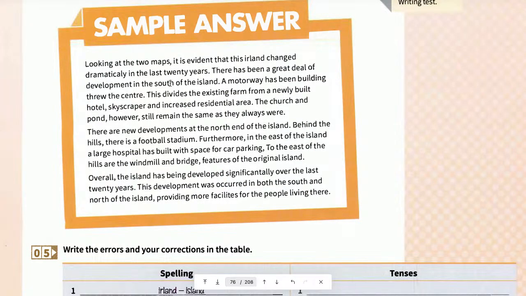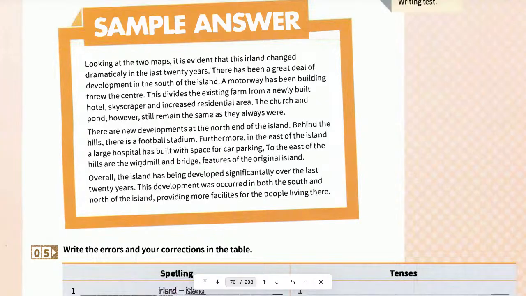Alright, so what's your question? Paragraph 2, number 3. Yeah? For car parking, why do they put a comma and then the capital letter T?